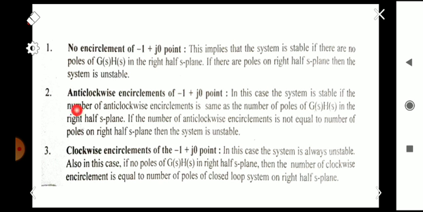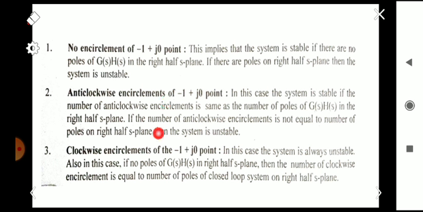Then the second point is anti-clockwise encirclement of the minus 1 plus j0 point. In this case, the system is stable if the number of anti-clockwise encirclements is the same as the number of right half poles of G(s)H(s) in the s plane. That is, if you are having two right half poles and two anti-clockwise encirclements of minus 1 plus j0, then the system will be stable.